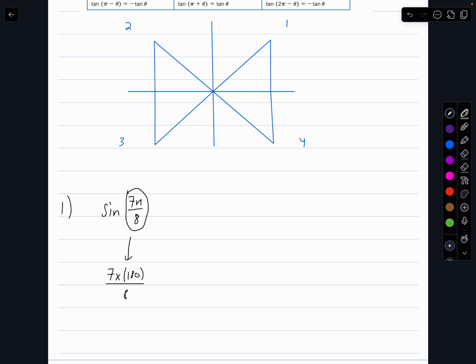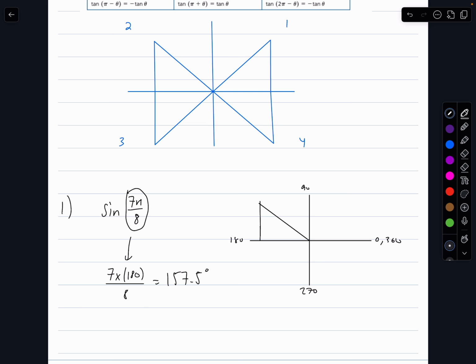The reason I converted it to degrees is it helps me understand where this angle actually is. This gives me 157.5 degrees. So since I have 157.5 degrees, I'm going to be in quadrant 2, right? Because we know this is 0, 90, 180, 270, 360.